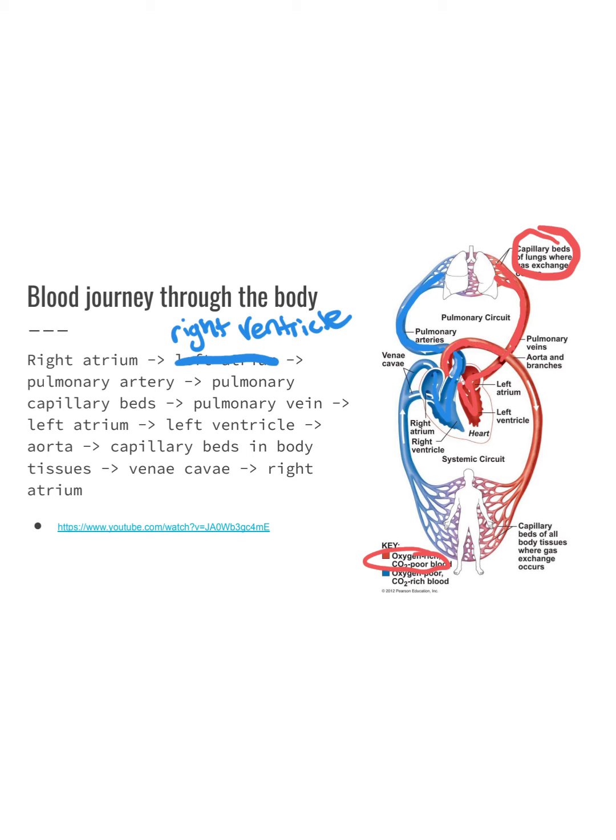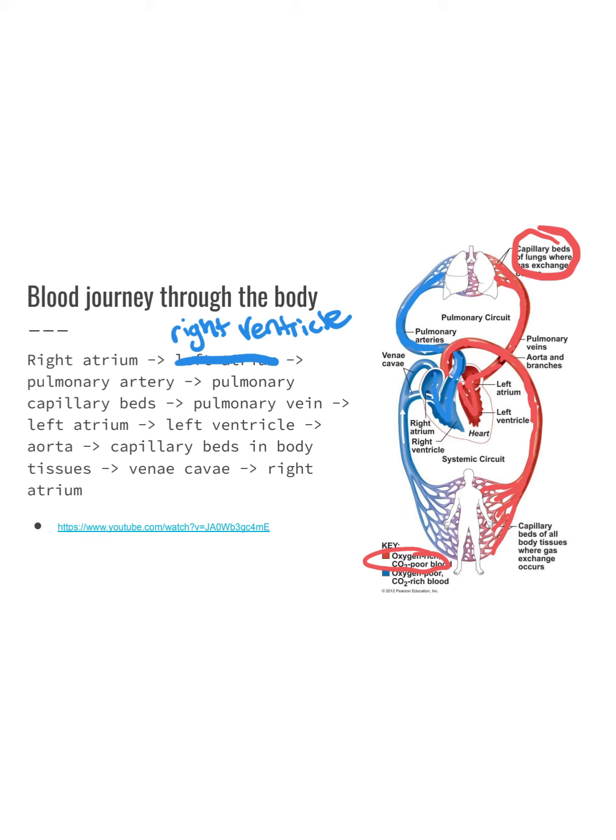The aorta is going to then distribute this to the capillary blood beds in your body. So taking the blood and distributing it to various parts of your body to give oxygen-rich blood. Once the blood gets there, right, we're going to have more gas exchange.